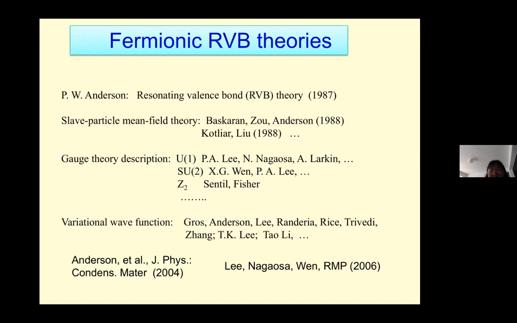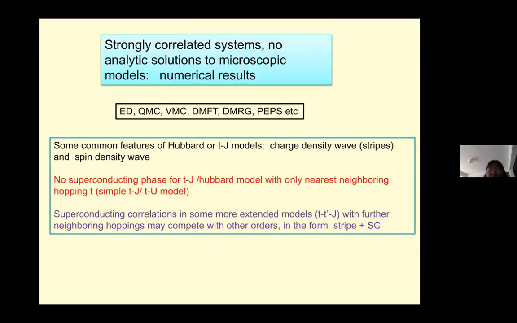However, since we have a very strongly correlated system, there are no analytical solutions to the microscopic models. So we need numeric studies to provide the proof of principle results and further understanding of those systems.